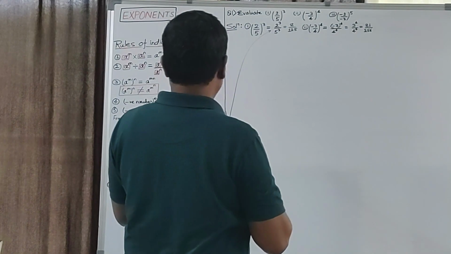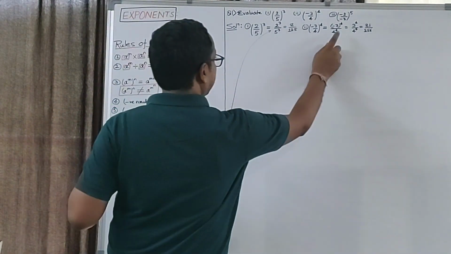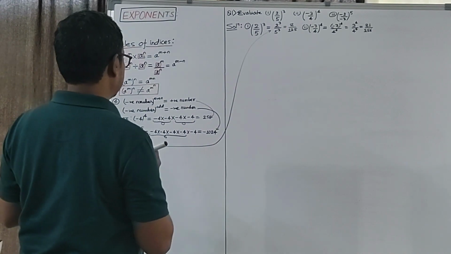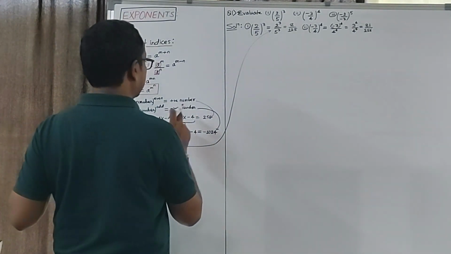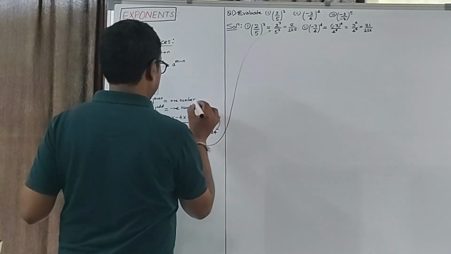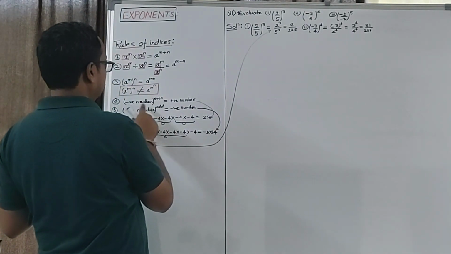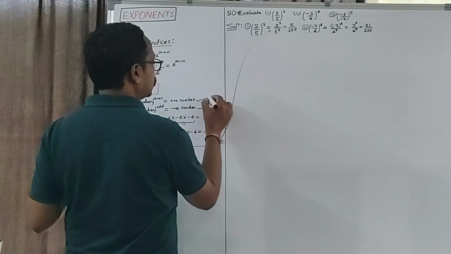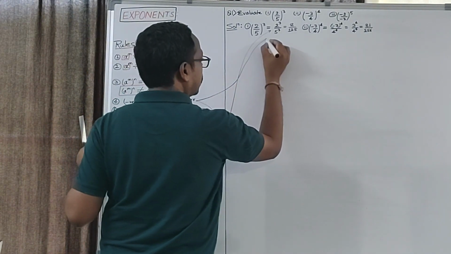So here, which rule did we apply? We applied this rule. Minus 3 is a negative number, and an even power will give you a positive number.